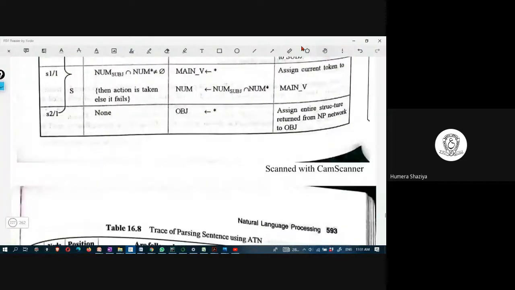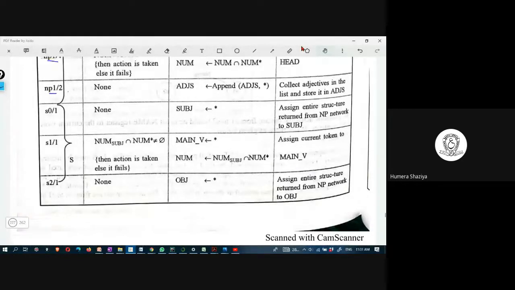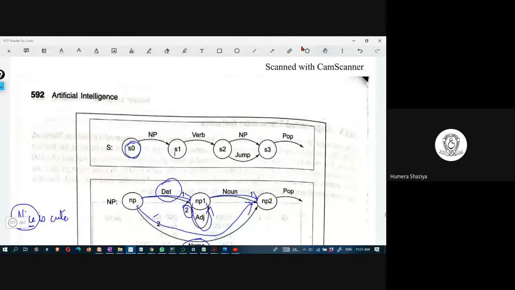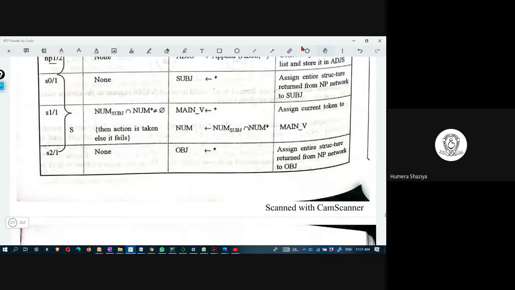And then S1 by 1 means what? S1 by 1 is this S1. S1 accepts a noun phrase. After accepting noun phrase, from S0 we reached S1. When we are in S1, it is expected that there is a verb that follows the noun phrase.